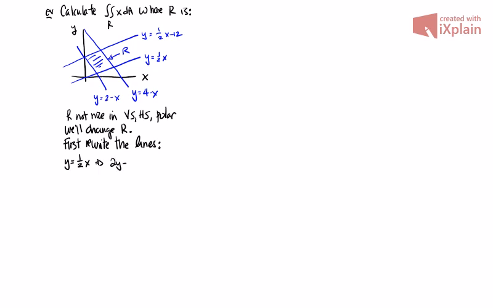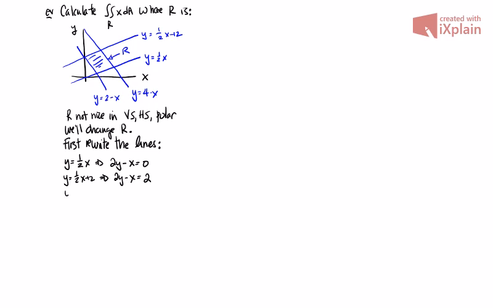So we get 2y minus x is 0. For the second one, 1/2 x plus 2, ditto, I'm going to multiply by 2 and subtract the x. So we get 2y minus x equals 2. Notice those are very similar. They both have a 2y minus x on the left-hand side.